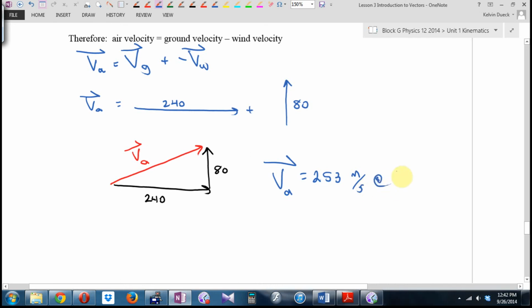At theta, where my vector originates from, right here. Which trig function? Opposite, adjacent, like I said, usually tangent. Opposite over adjacent.